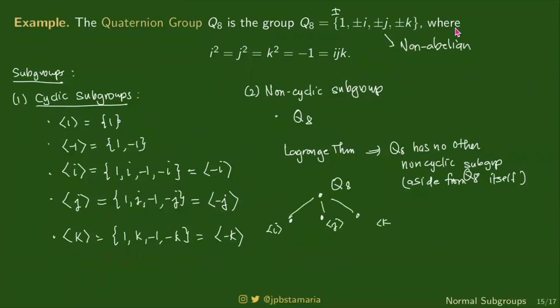There is one of order 2, the one generated by negative 1, and one of order 1. So that's what its lattice diagram looks like. The 1 and -1 are inside all three of order 4, right?